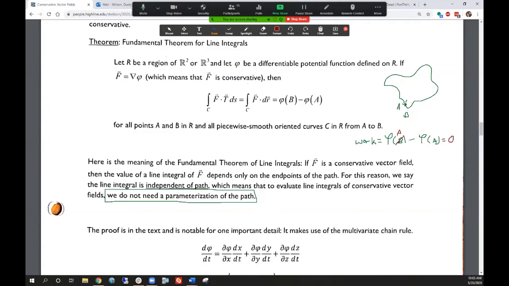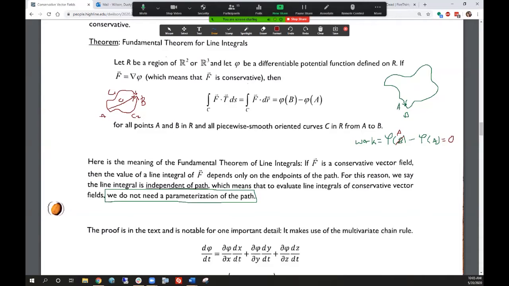And then in general, if we just had A and B, what we're saying is that the work required to go along path C1 is equivalent to the work to go along path C2 is equivalent to going along path C3.